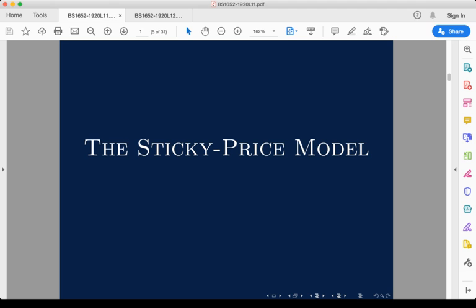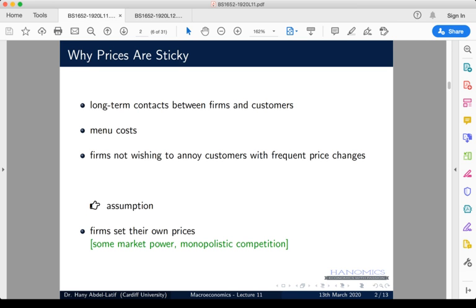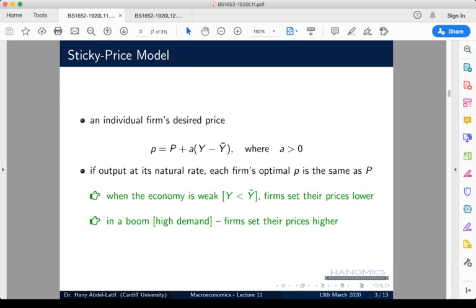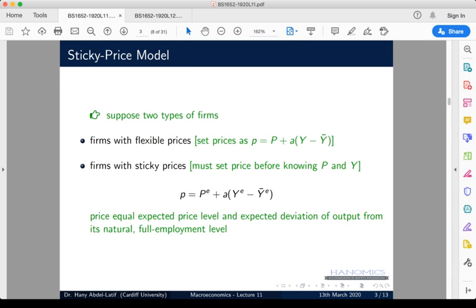And when we talked about this, we explained different reasons why prices are sticky, and we tried to derive the aggregate supply curve, or the short-run aggregate supply curve, based on these assumptions, where we assume that we may have two types of firms, firms with flexible prices.